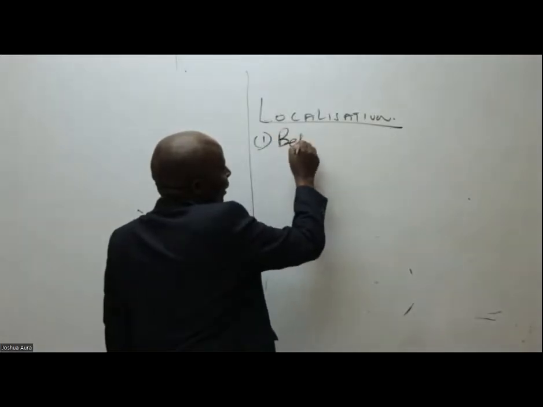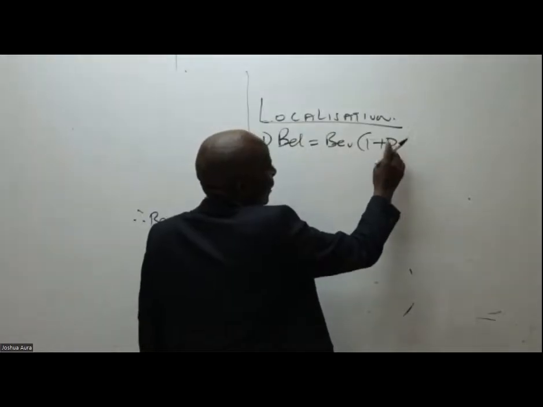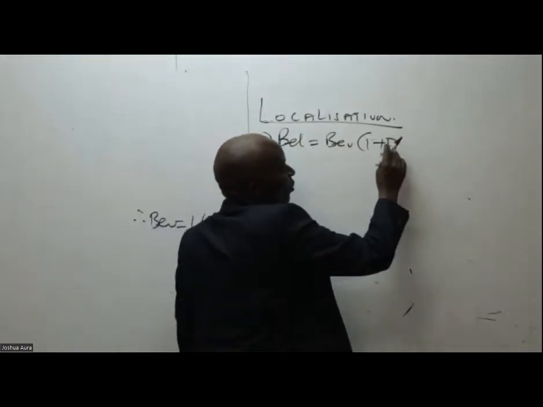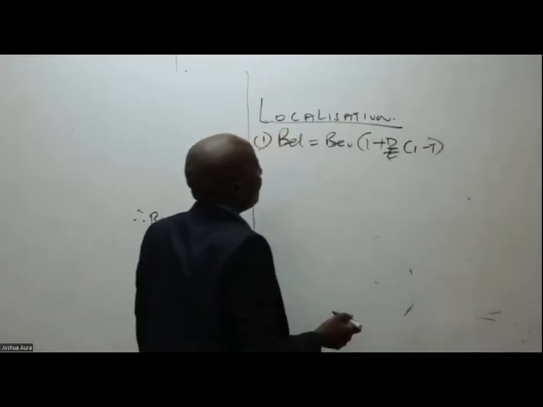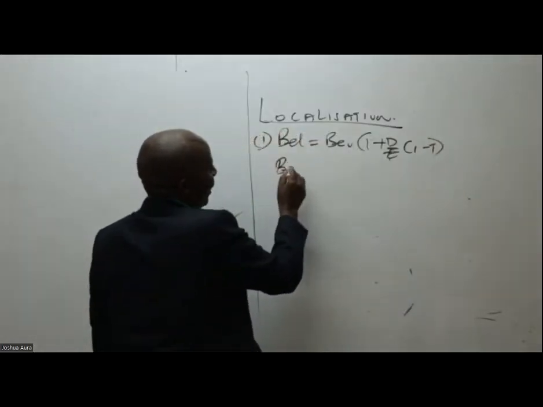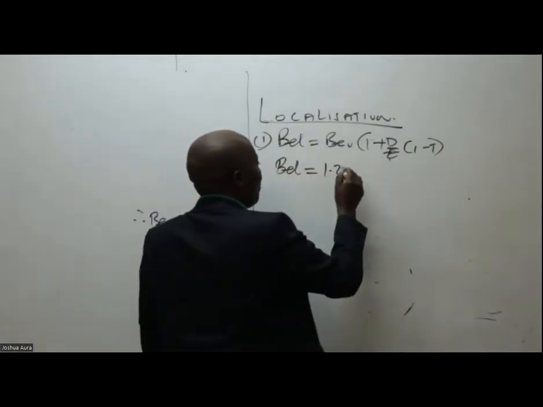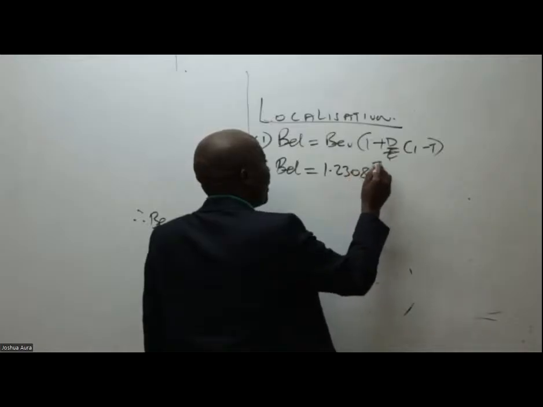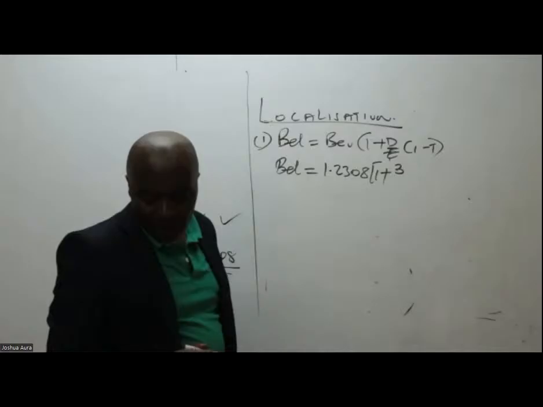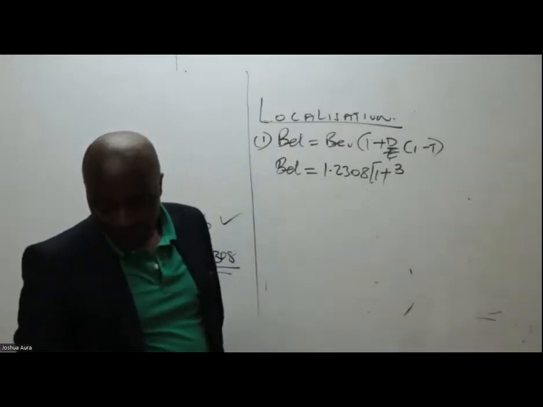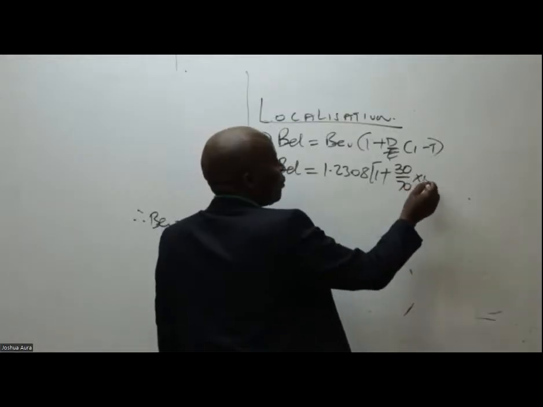So we know that BEL should be equal to BEU into 1 plus debt over equity into 1 minus T. So my BEL here will be equal to BEU, 1.2308, into 1 plus debt 30 over equity 70, into 0.7.